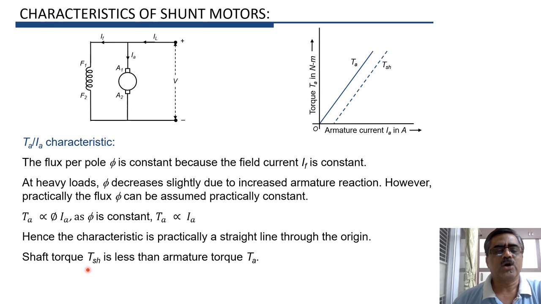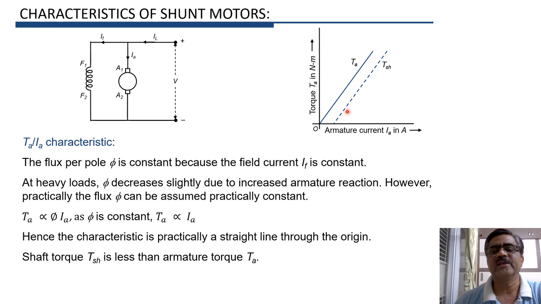The shaft torque TSH is slightly less than armature torque TA. So between TA and TSH there is a difference due to iron loss and frictional loss, and therefore the torque available at shaft TSH is less than TA.